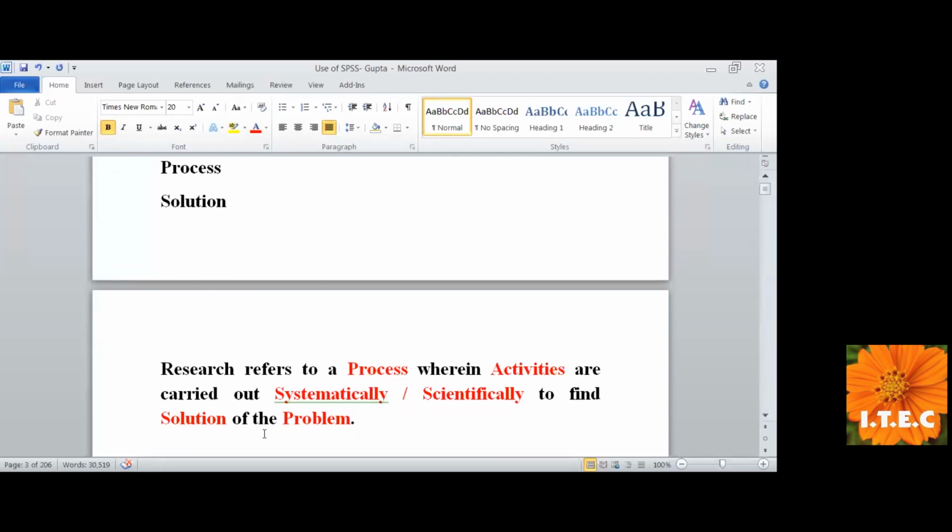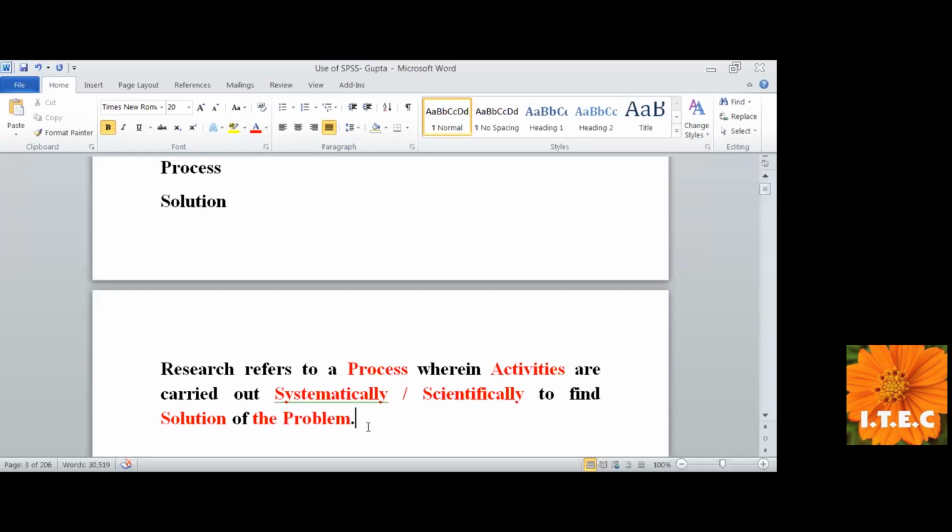And here you see, I have written the problem. Why? Because problem may be one and solution may be many. You know, during the pandemic, the problem was the same all over the world. China came up with their own vaccine. US came up with their own vaccine.